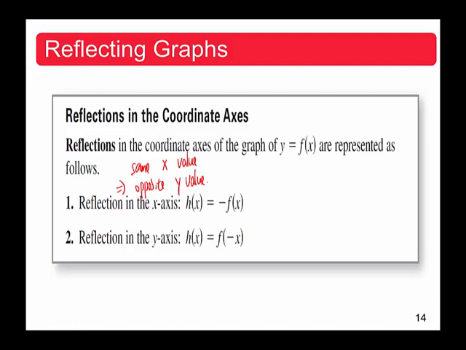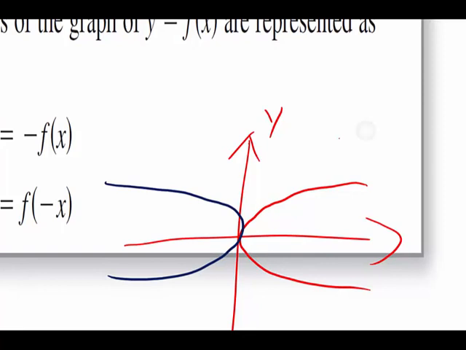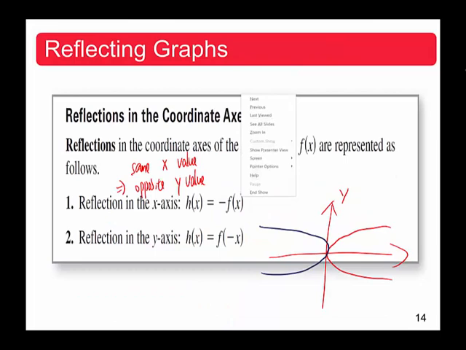If you look at the reflection about the x-axis, a typical graph like this, and reflection about the y-axis, the graph will turn into this. Okay. And then if you look at this graph, we're gonna have the same y value.